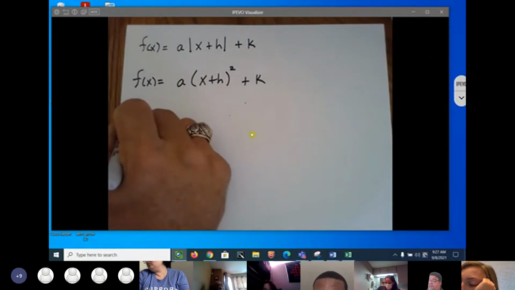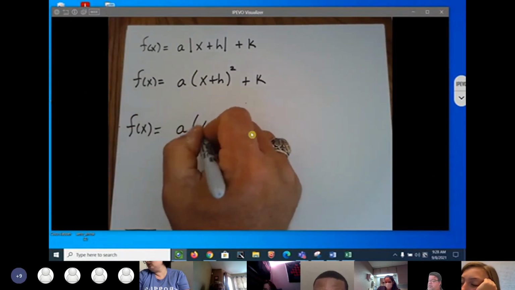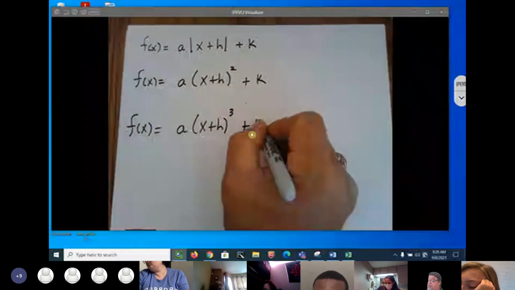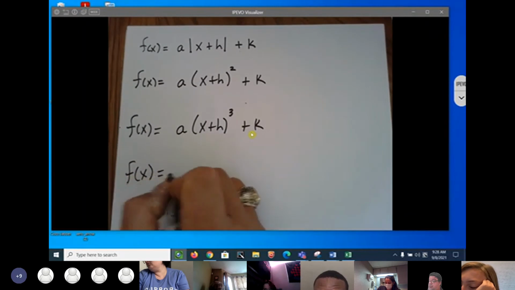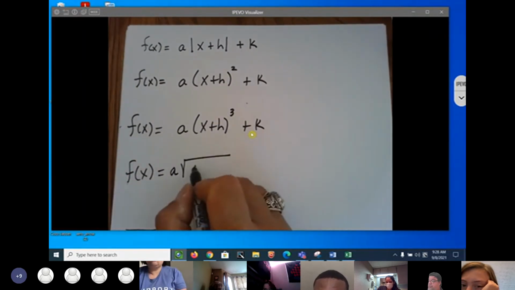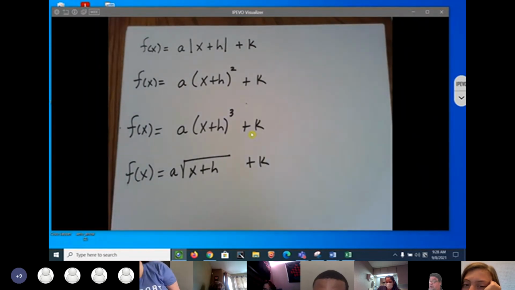And you may see f of x is equal to a times x plus h cubed, plus k. And you may see f of x is equal to a times the square root of x plus h, plus k, and so on.